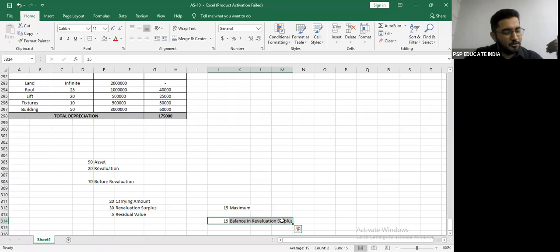So tell me, whenever you have balance in the revaluation surplus but the reason does not exist, where will this revaluation surplus balance be transferred? It will go, of course, to the general reserve account. So this 15 will be closed and transferred to the general reserve account.